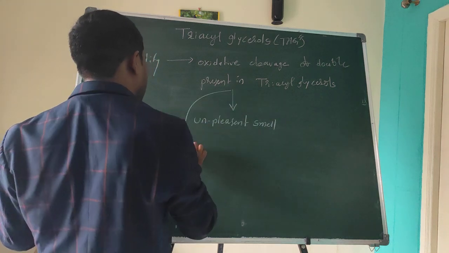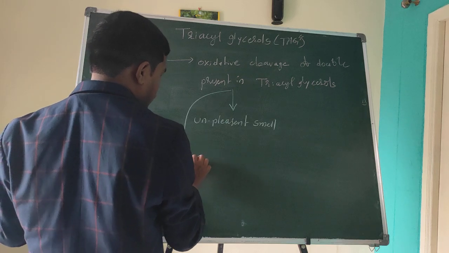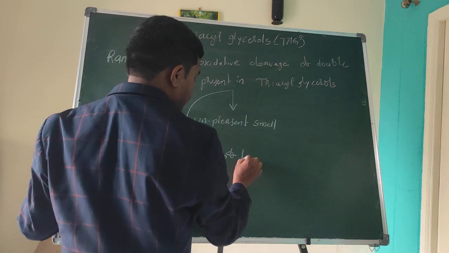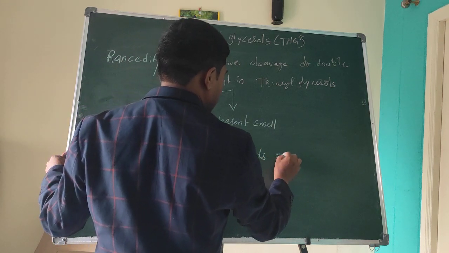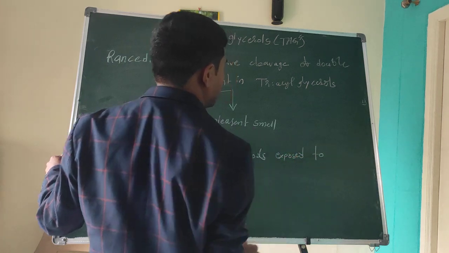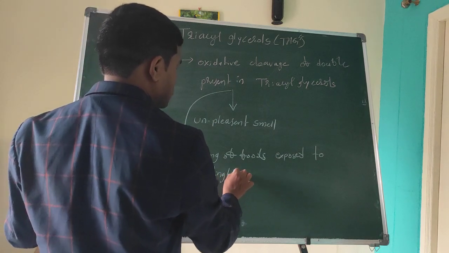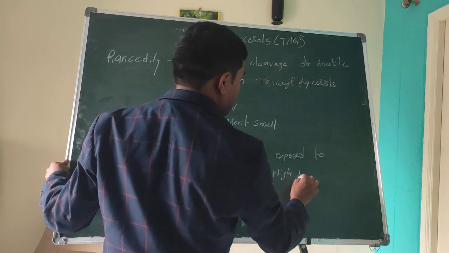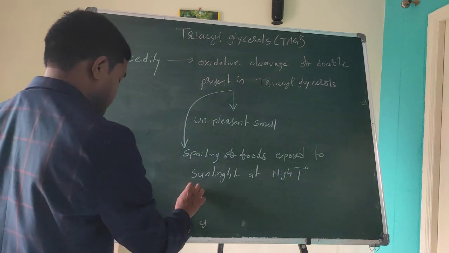This is also called spoiling of foods when exposed to sunlight at high temperatures for longer periods.